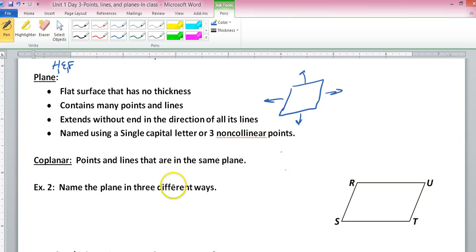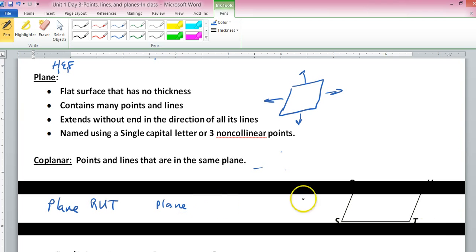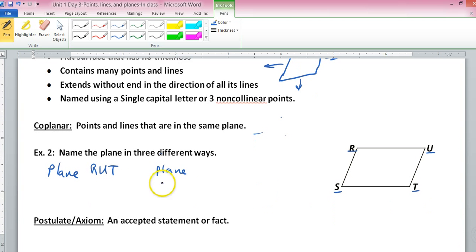So, we look at the plane down below, it has 4 vertices. You have R, U, T, and S. We can name this plane using any 3 of those points with the word plane. So, I'm going to name it plane, and then I'm going to use a combination in order. Plane RUT would be one way to name it. I can name it using 3 other points. Plane, say RST.